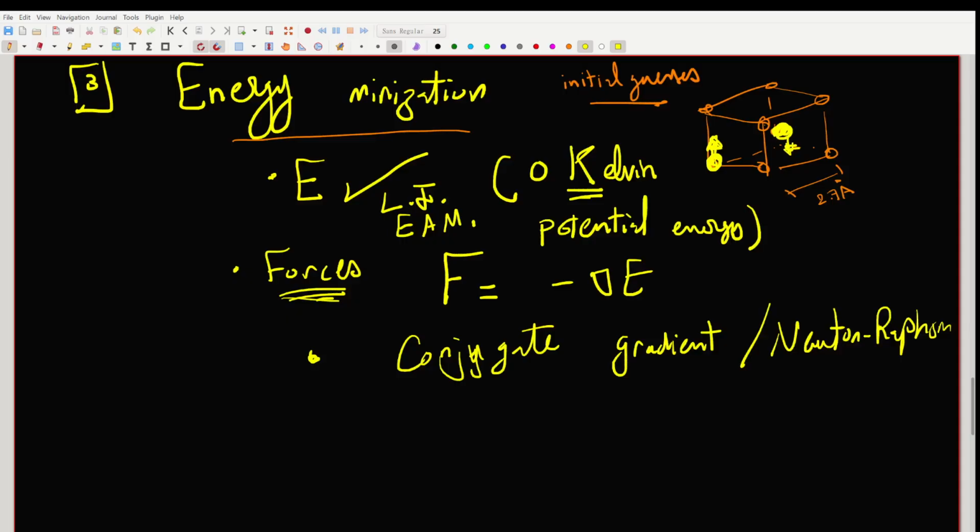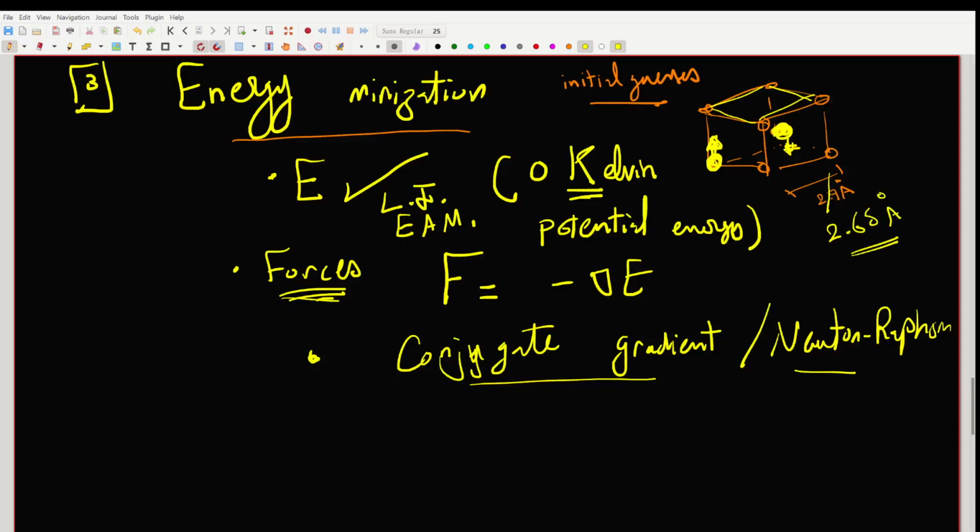But in a more general case, yes, it might suggest that you need to move some atoms. Or it can suggest something even more dramatic than this to minimize the energy, and that's actually to shrink or expand the size of the cell. So instead of 2.7, your software or your numerical algorithm can suggest, no, not 2.7, let's make it 2.65 angstrom.